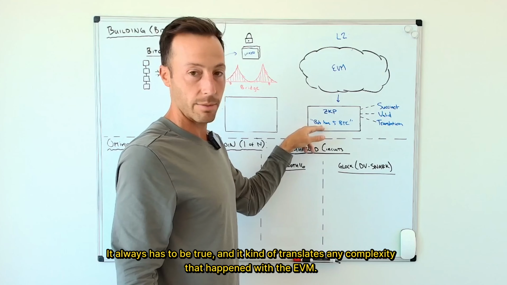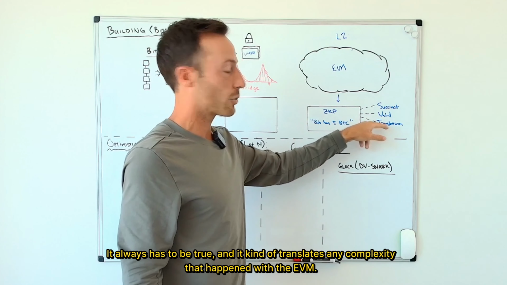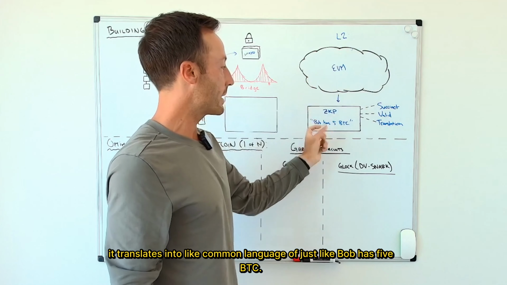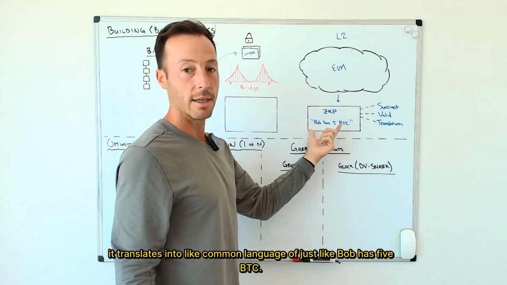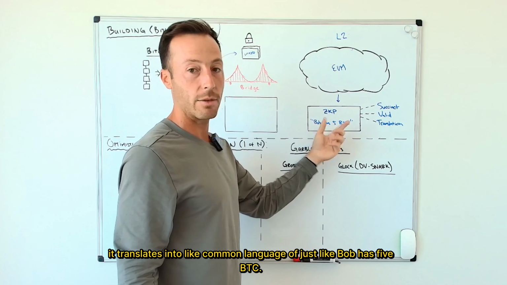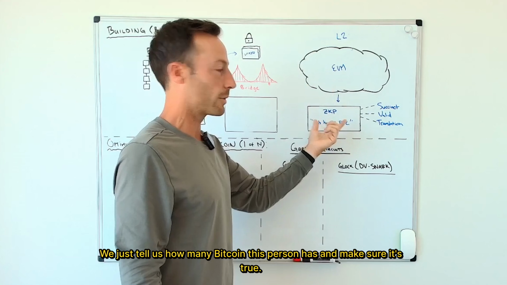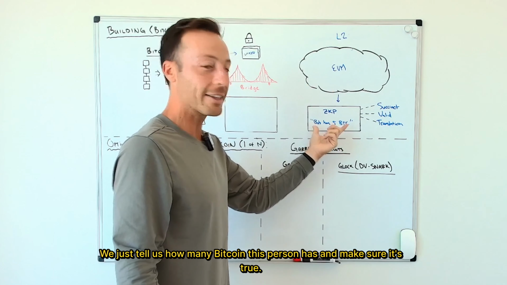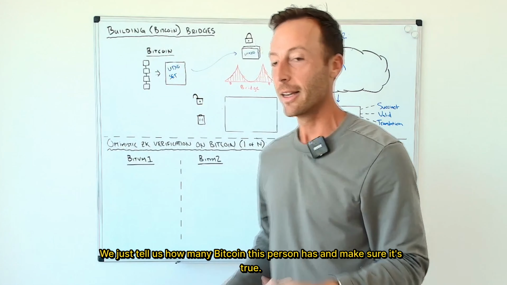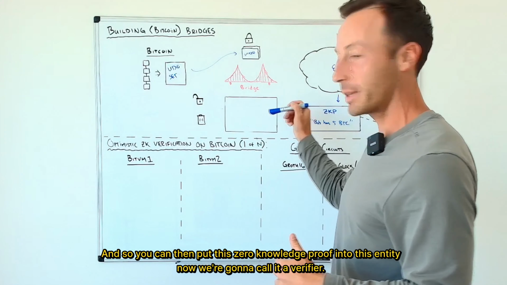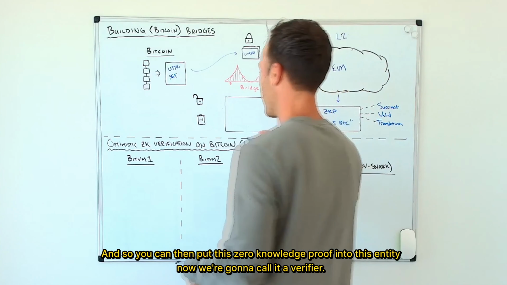It always has to be true. And it translates any complexity that happened with the EVM into a common language of just Bob has 5 BTC. We don't care if it did Fartcoin, DeFi, NFT. We don't care. Just tell us how many Bitcoin this person has, and make sure it's true. And so you can then put this zero knowledge proof into this entity.